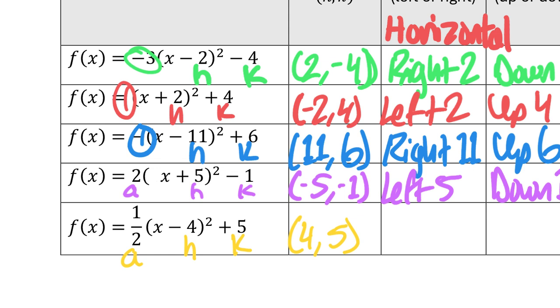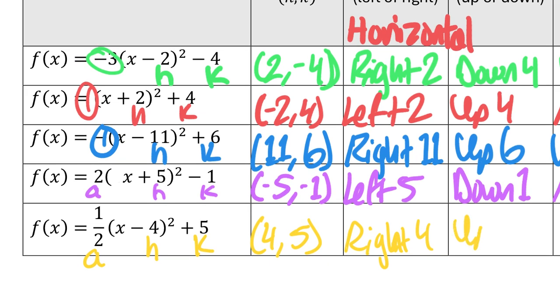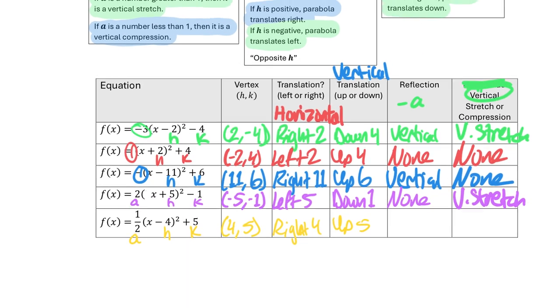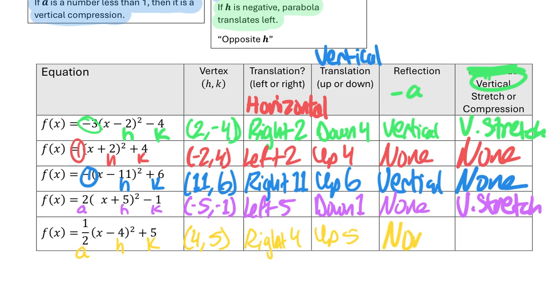So I'm going to shift right 4, and I'm going to shift up 5. I have no reflection because A is positive. And since A is a half, that's in between 0 and 1. It's smaller than 1. That's going to be a vertical compression.